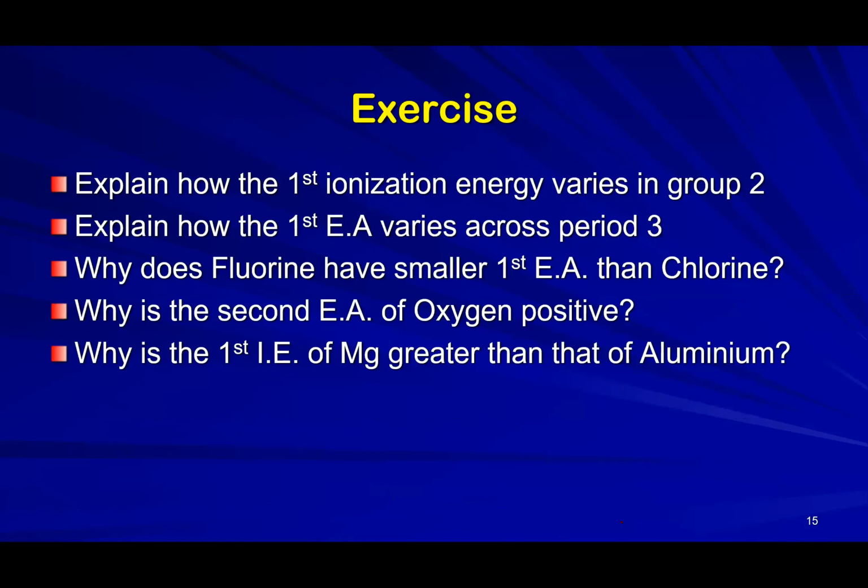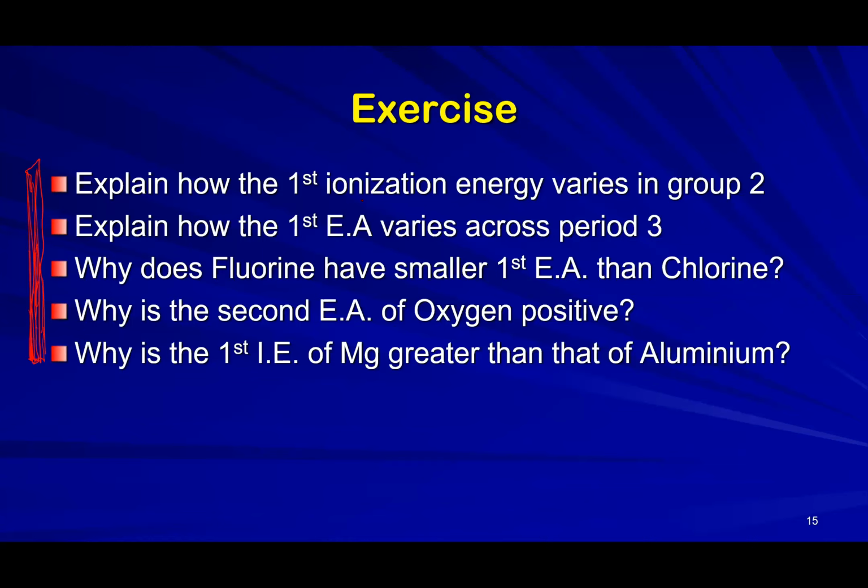Here we have some exercises that you will try, and you will share the answers with me on Google Classroom. Explain how the first ionization energy varies in group 2.